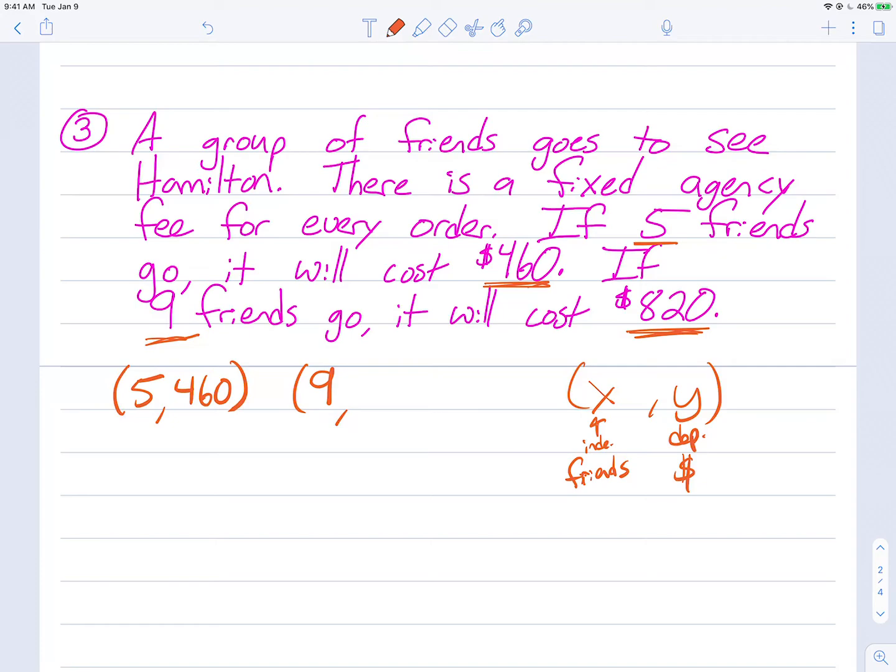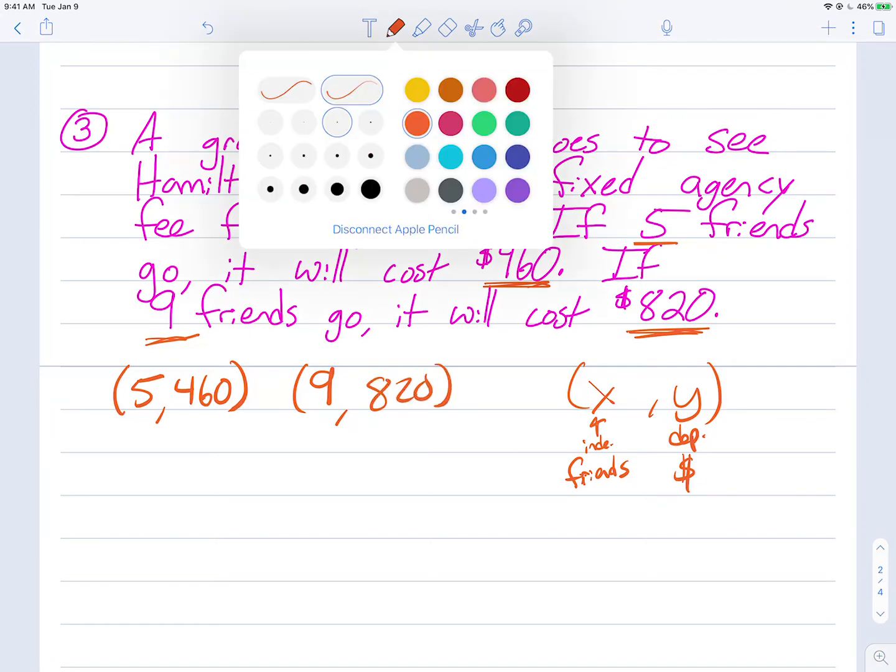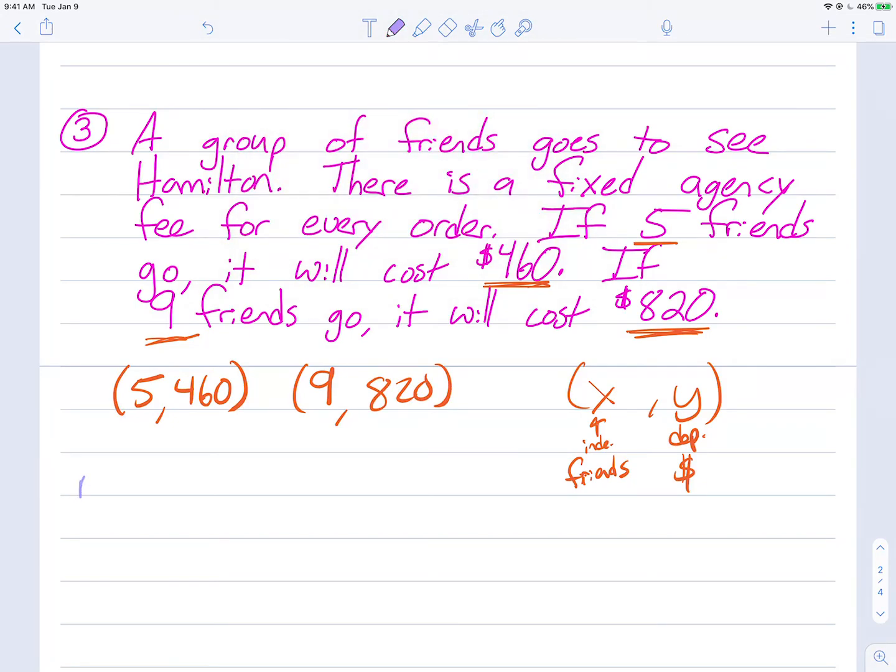So 9, 820. If I'm given 2 points, I can find the slope by finding the change in y over the change in x, which means I'm going to subtract the y's. I'm going to go 820 minus 460 over, subtract the x's, so 9 minus 5.